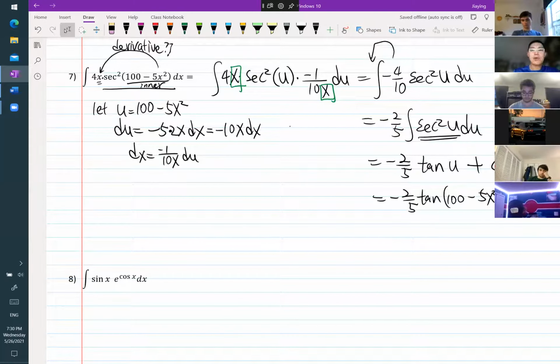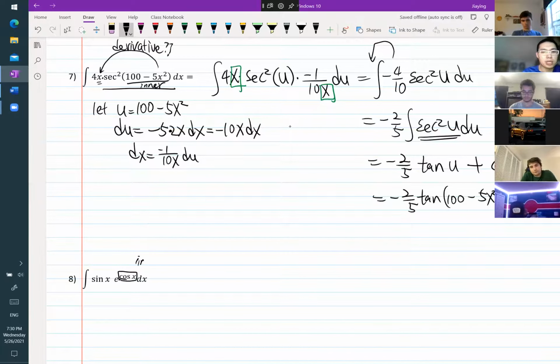For the next example, I'm not going to fully solve it, just to save some time. If you just look at it, sine x times e to the cosine x. Every time you have an exponential function, you might want to consider setting the exponent to be the inner function. That's just kind of a trick.